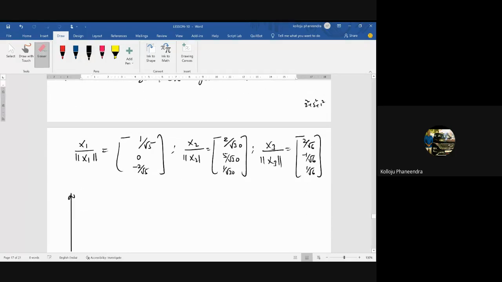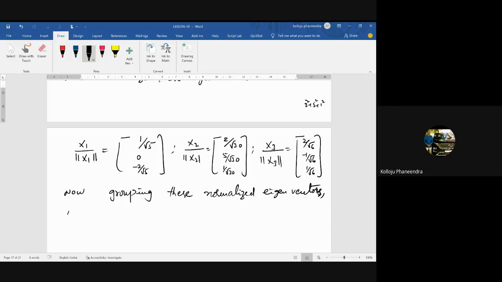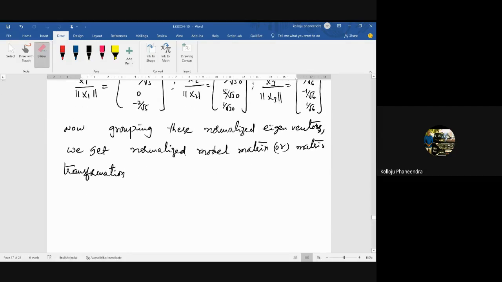Okay, now grouping these normalized eigenvectors, we get the normalized modal matrix, or matrix transformation P. P equals x1 by norm x1, x2 by norm x2, x3 by norm x3.